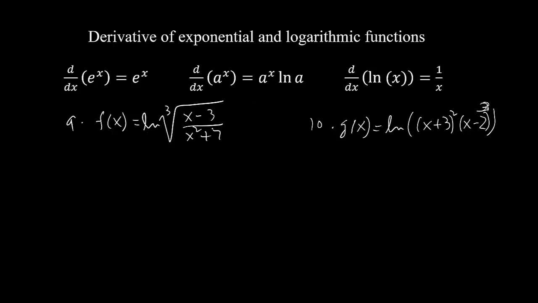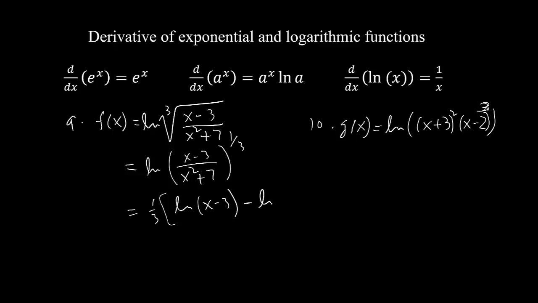Two more examples. This one is natural log cube root of x minus 3 over x squared plus 7. Now let's apply some property of logarithm that will make it easy. Natural log, you have x minus 3 over x squared plus 7 to the 1/3. 1/3 you can bring in front, and then natural log this over this, you can use a property, this minus natural log of x squared plus 7.